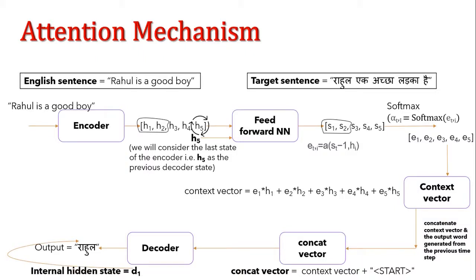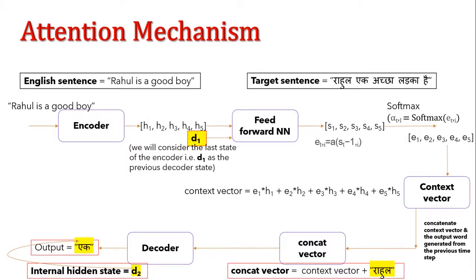So guys, same thing, we have to iterate till we get the entire input translated. So now here D1 will be Rahul, and during the time of concatenation we will feed Rahul instead of the start token, and we will get the output Ek and hidden state D2.